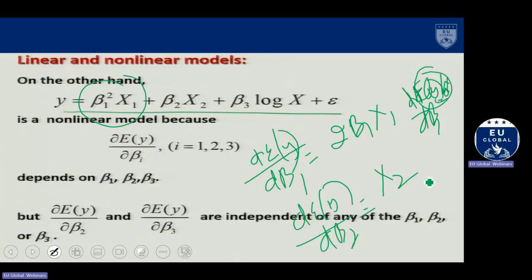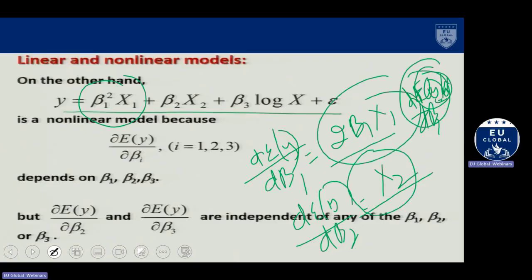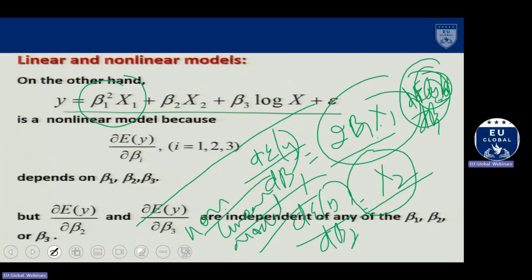So these are independent, but this is dependent upon beta 1. So this model is a non-linear model. I hope it's clear why it is non-linear: because the value of dE(y)/d(beta 1) depends upon beta 1.